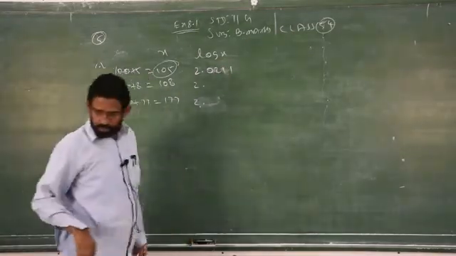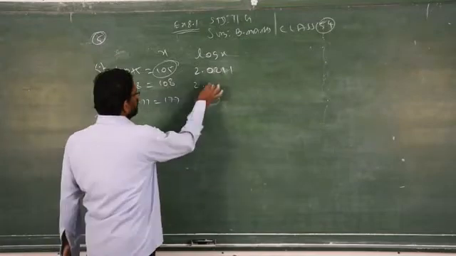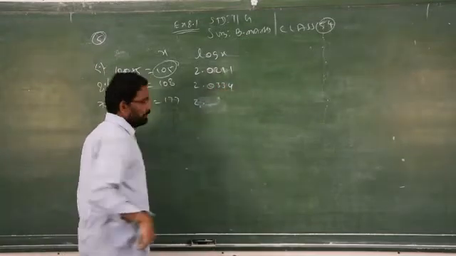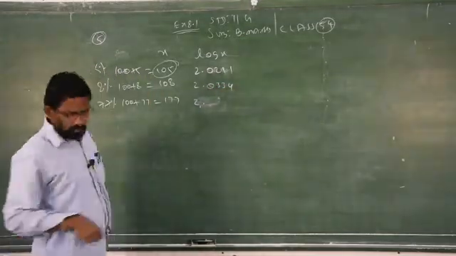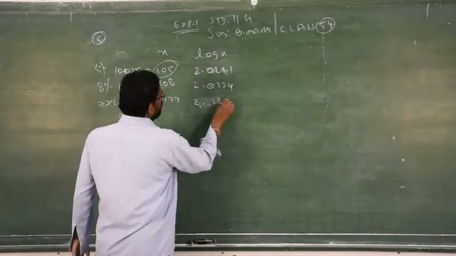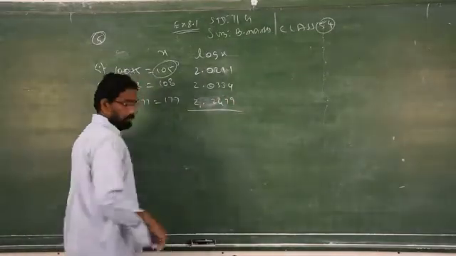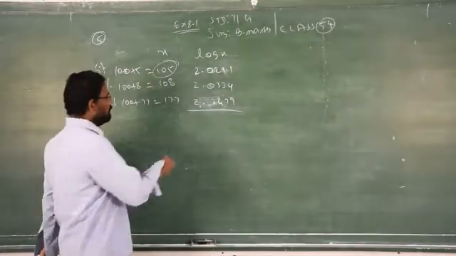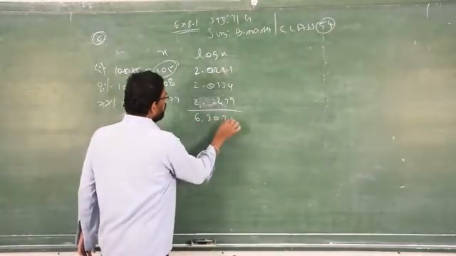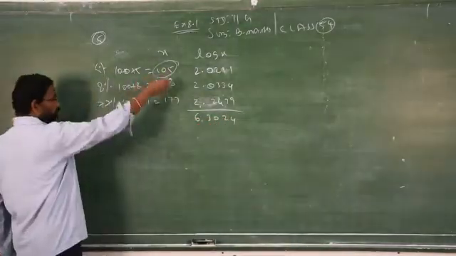The next one, 2.0334. You please check by using the logarithm page in your textbook. So sum. What is the total? 6.3024. 6.3024.